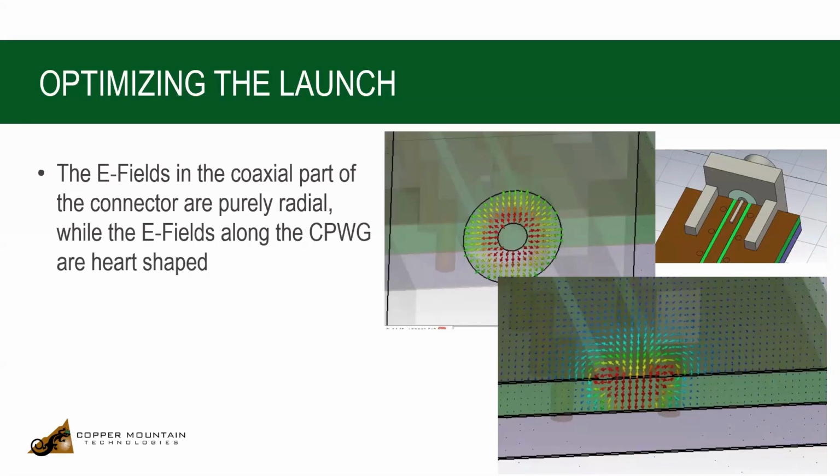But if you look along the coplanar waveguide, bottom right, that heart shape there, the fields are completely different. There is coupling to the side grounds, and there's coupling through the dielectric to the circuit board ground beneath it. So you do have to transition from this totally radial to this heart-shaped pattern.